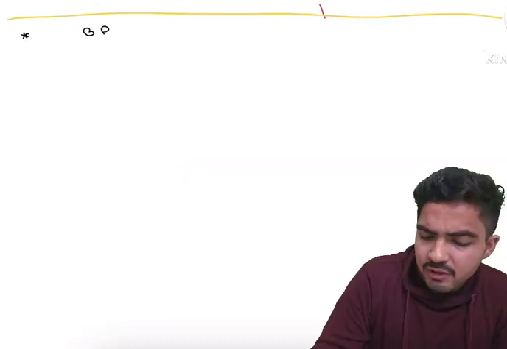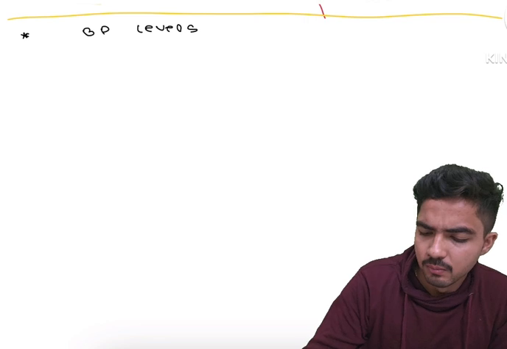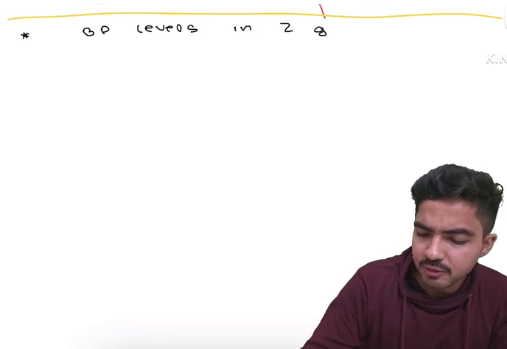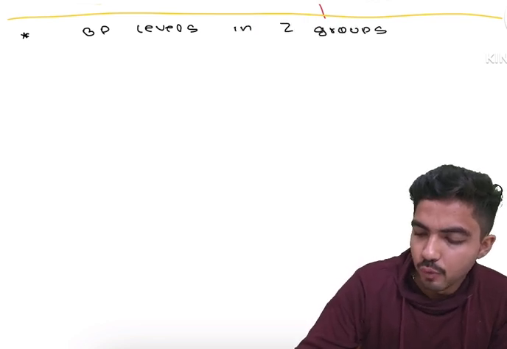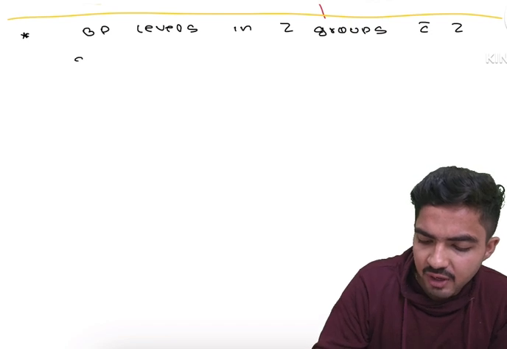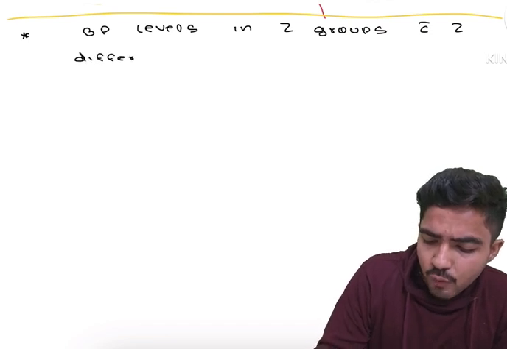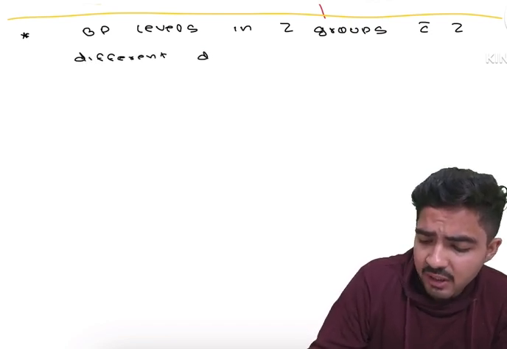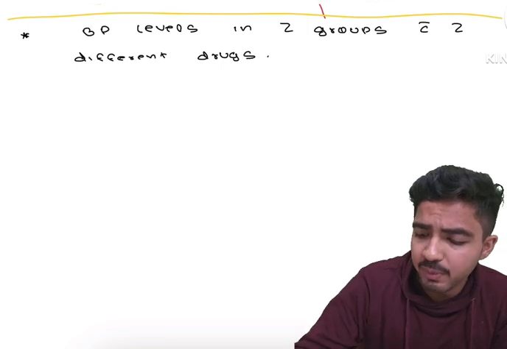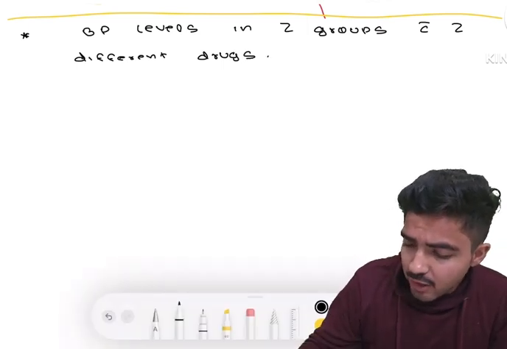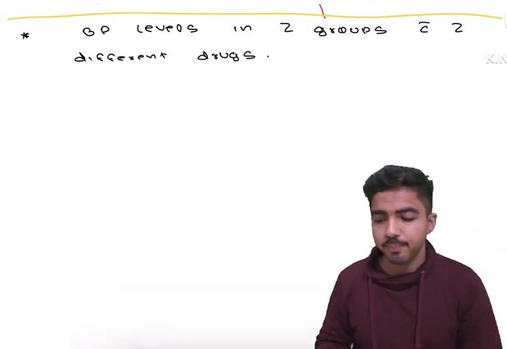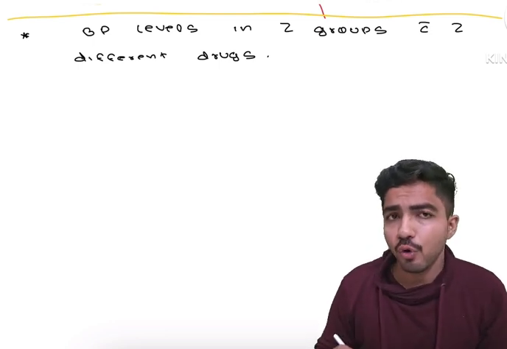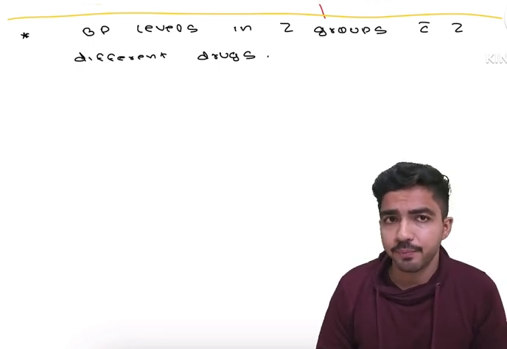The BP levels in two groups with two different drugs. What test will you apply for the calculation of p-value? Tell me step by step. First of all, what type of data is it?